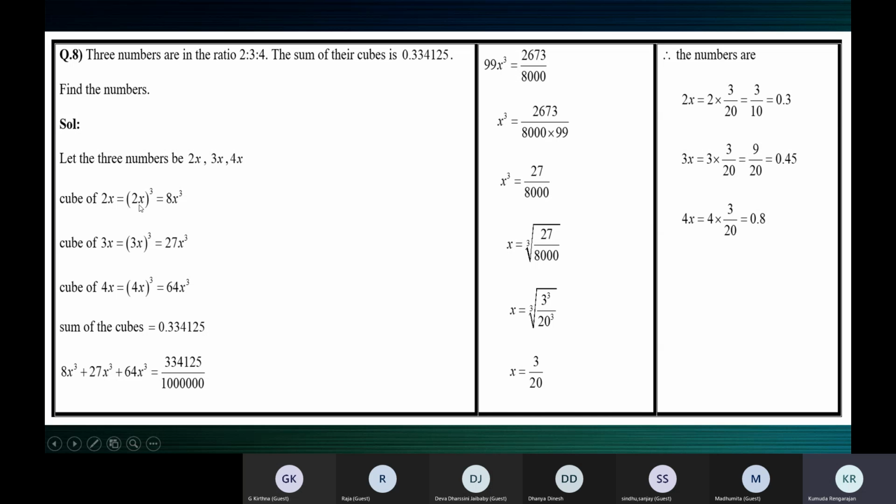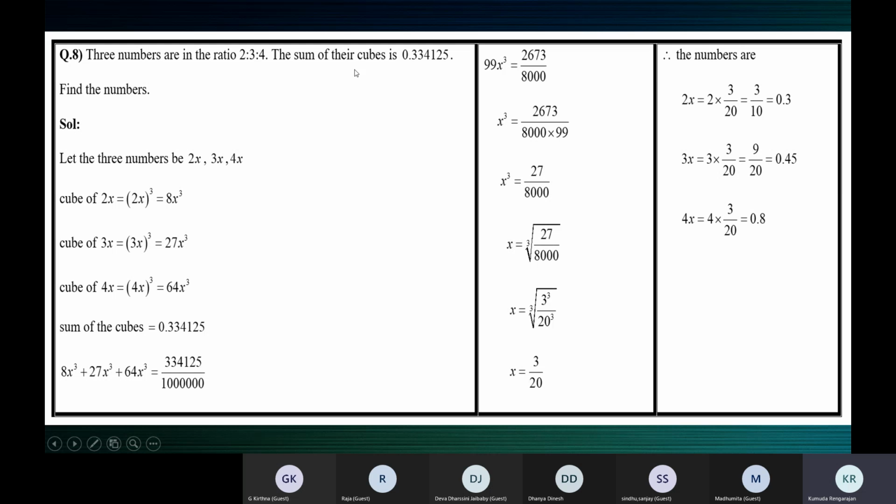The cube of 2x is 2x the whole cube, which is 8x cubed. The cube of 3x is 27x cubed. And the cube of 4x is 64x cubed.